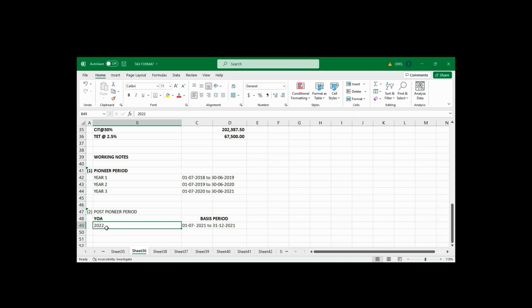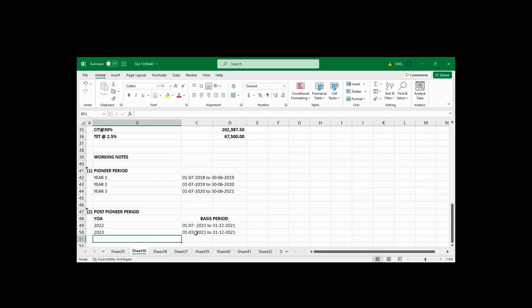So we move to the second year of assessment of the post-pioneer period. The second year of assessment will be 2023 year of assessment.